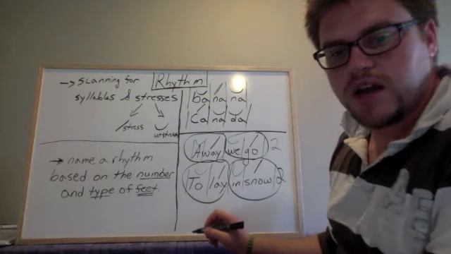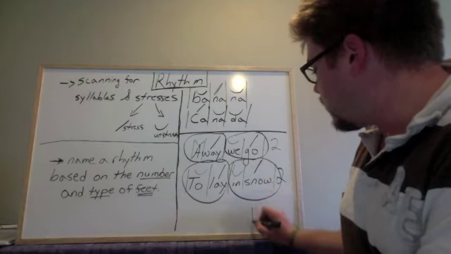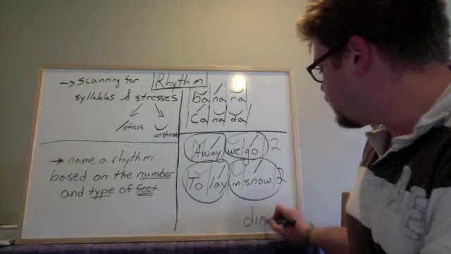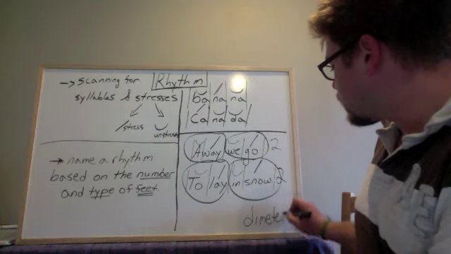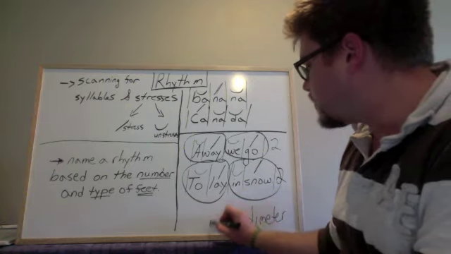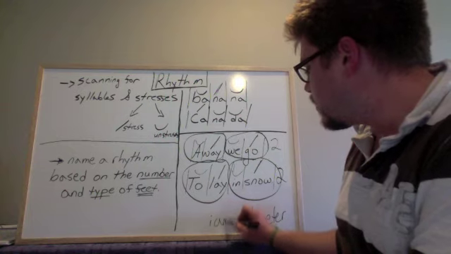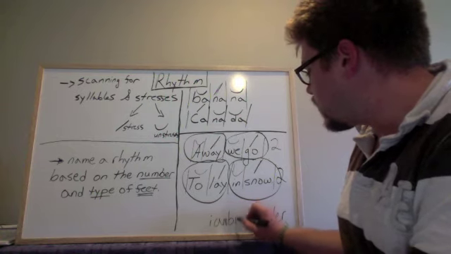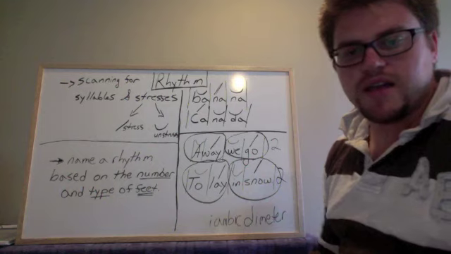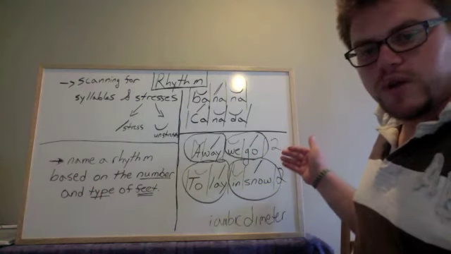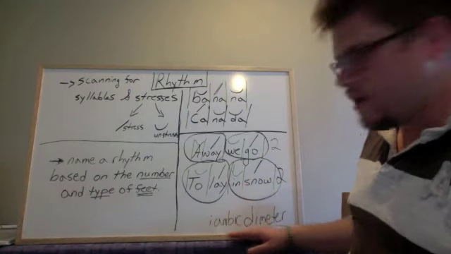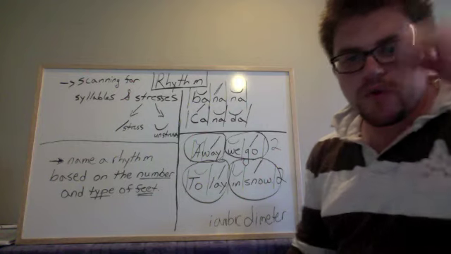If you look at your handout, you'll know that anytime there's 2 feet, you're dealing with dimeter. And we already know it's iambic. So what we can say is that this poem is written in iambic dimeter.